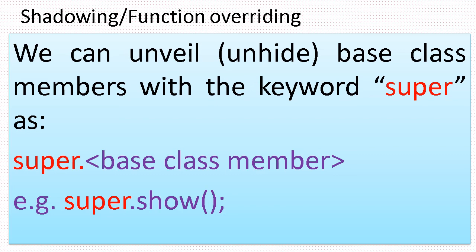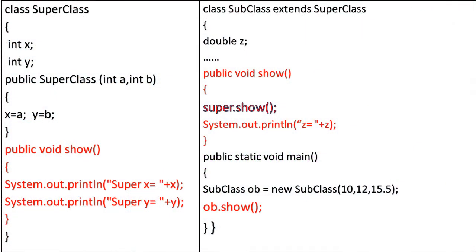Like in that example, we need to write super.show. To execute that function of base class inside derived class function definition, we simply write super.show. So it will display first super x and super y, then it will display z.